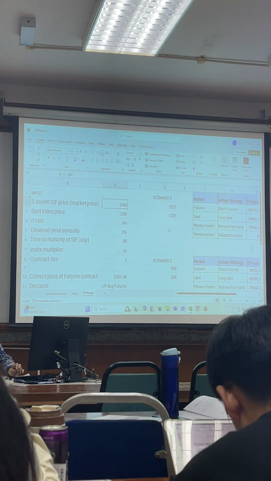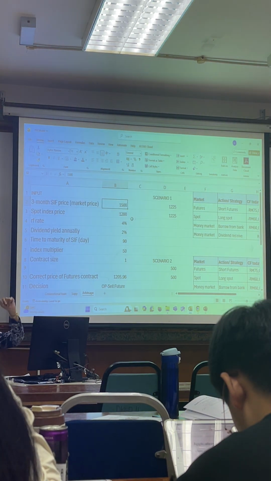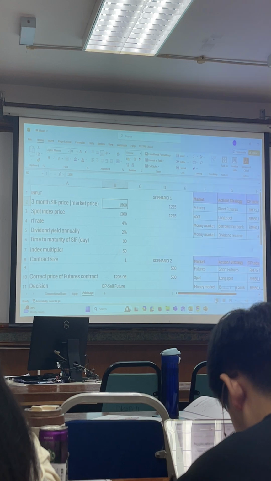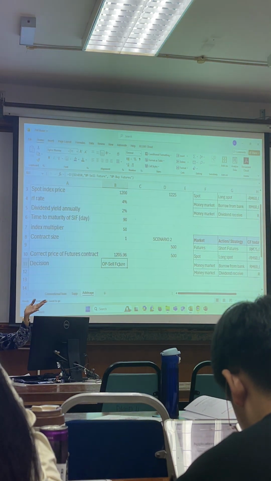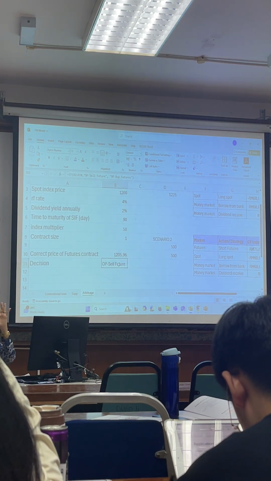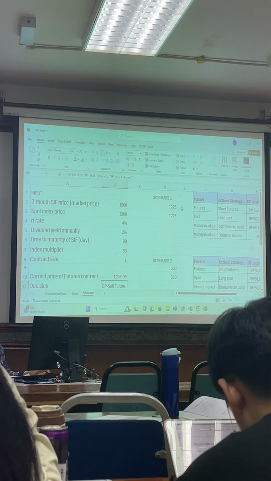Tadi ya, kita letak 1500, let's see lah. Just now at 1210, right? That one we want to see. That is still for the overprice. Our condition here is still overpriced, right? So you need to come up with another strategy for the underprice.